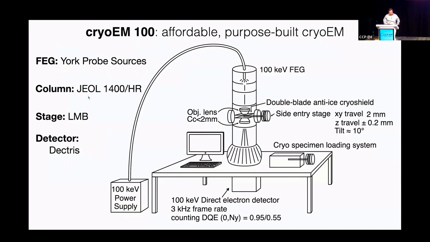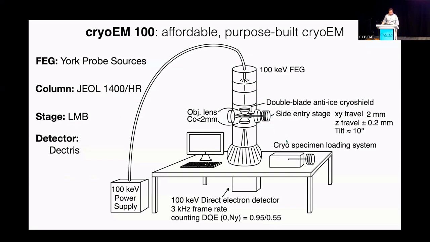And the column, after testing lots of different columns, we settled on the JEOL 1400 column, because it's a very robust, easy to maintain, very simple microscope that's also inexpensive. And it was the closest to what we wanted. And then the stage, we're in ongoing efforts to improve the specimen loading system.